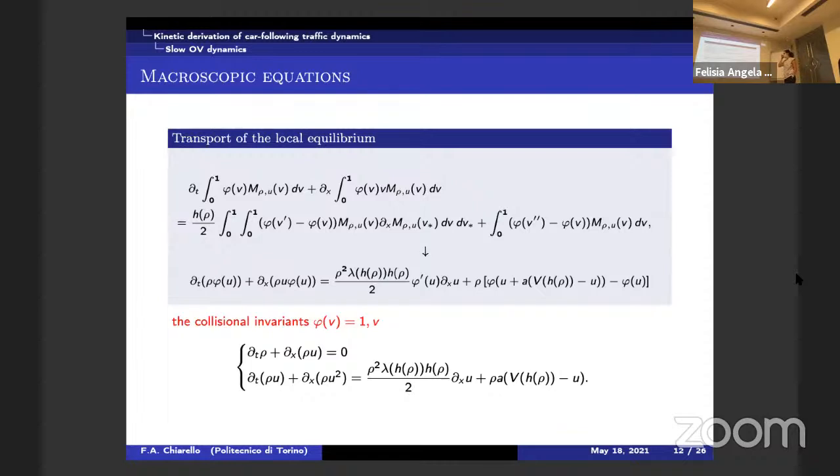Now we can put the local Maxwellian in the transport of the local equilibrium, and we obtain something like this. Substituting the collisional invariance into this equation, we get exactly this system.